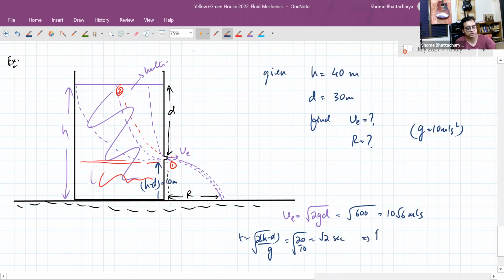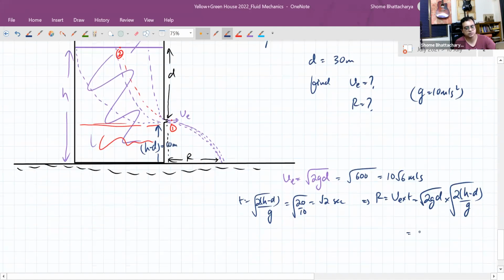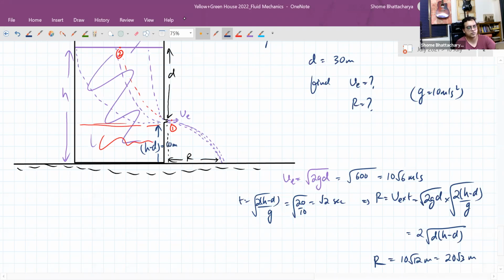And therefore the range will be speed of efflux times this time. So it will be square root of 2gd into square root of 2 times (h minus d) divided by g. Or you can directly see that it will come out to be 20 root 3 meters. So this will be the horizontal range.